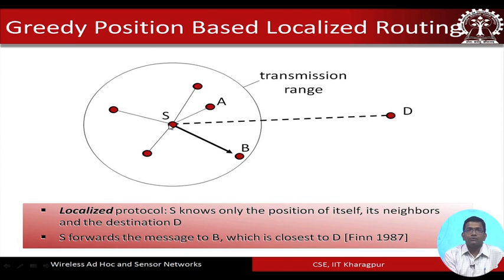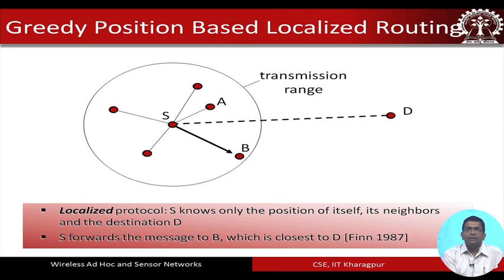Inside this circle we have different other nodes like nodes A, B and the other nodes. If source node S has to send the data towards node D, it can either send it to A or to B. Other possibilities cannot be ruled out, but it is more likely that it will be sent to A or to B because these are closer in different respects to node D.